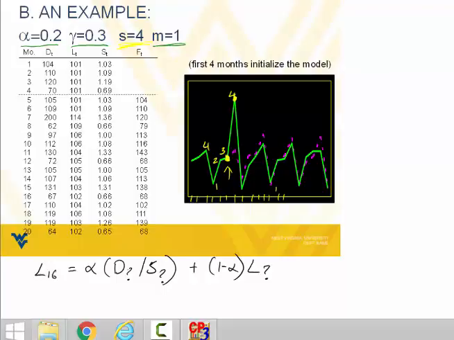The D would be 67, but which period is that? 16. 16, exactly. So D should be 16. What about S and L? 12 for S. I'm only writing this down, I'm not confirming it. And what should it be for L? 15.